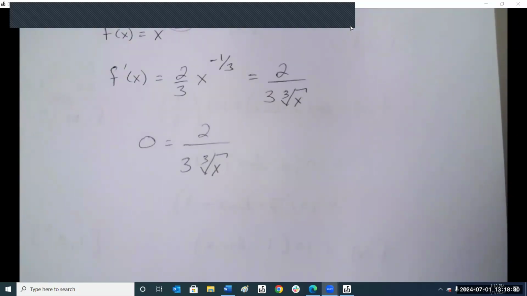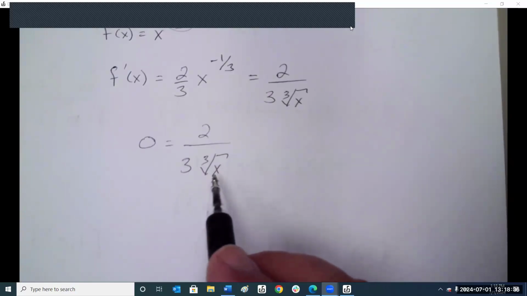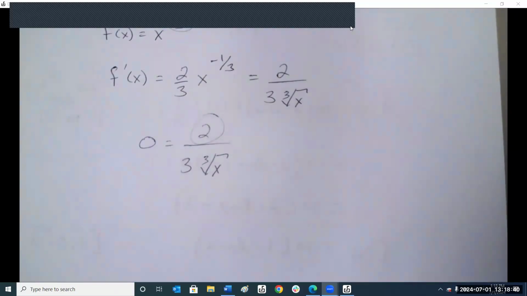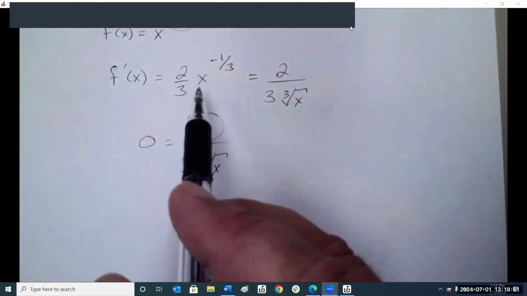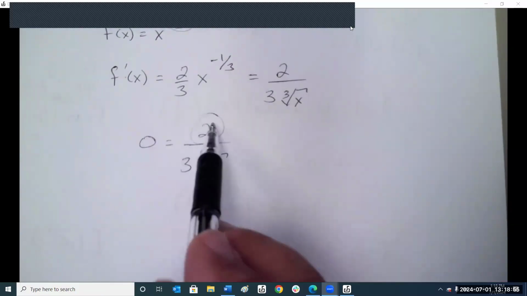What you're saying is the value x cannot be 0, but that's not the solution. The only way a fraction can equal 0 is if the top is 0. Can 2 ever equal 0? So it doesn't have a solution. The derivative cannot equal 0 because the top can never be 0.